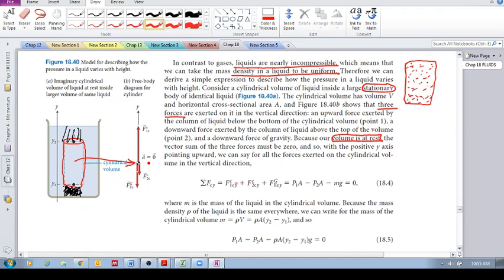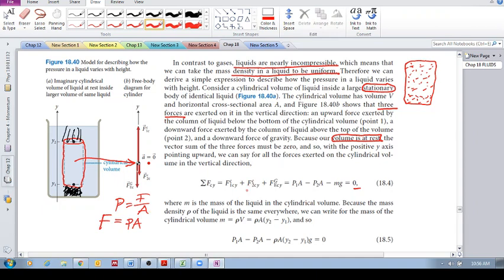So we've got F1c plus F2c plus the force of gravity, and if you add these three forces together, you should get 0. What are they though? Well, if we convert them into a pressure representation, remember that force is pressure times area, or pressure is force over area.